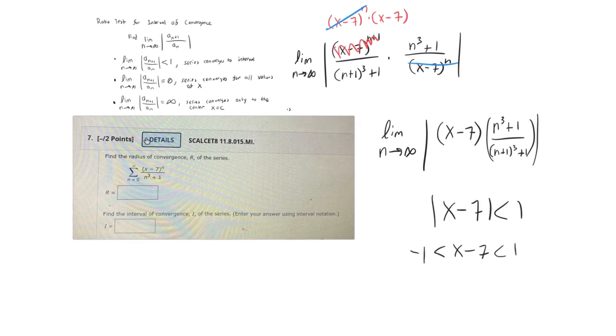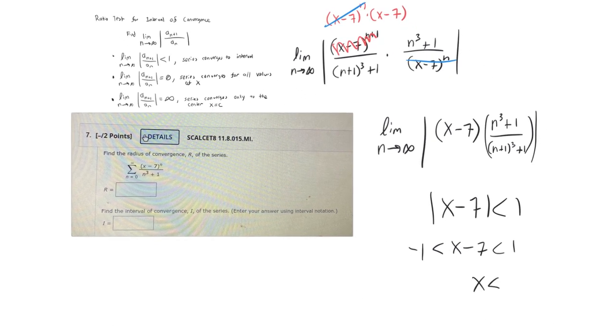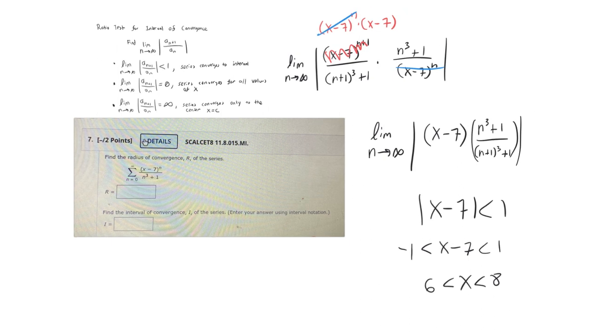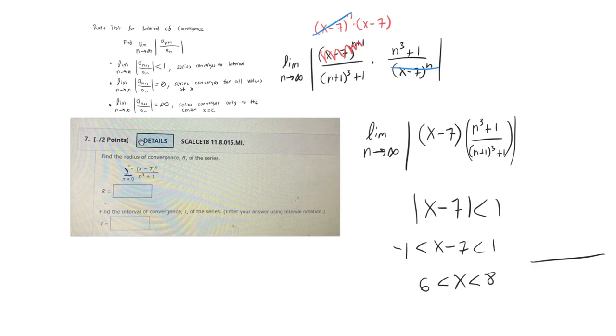And we can very clearly see we're looking at x is less than 8 and greater than 6. So if we want the radius, we look at 6 and 8, and clearly the center right there would be 7, and therefore the radius is 1.